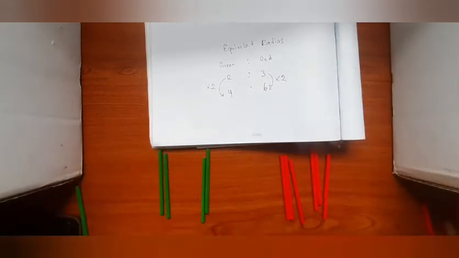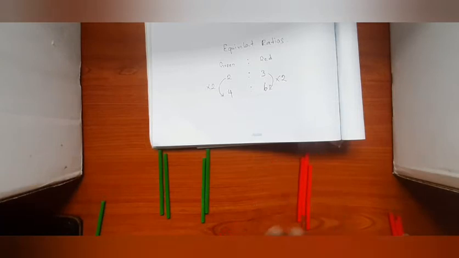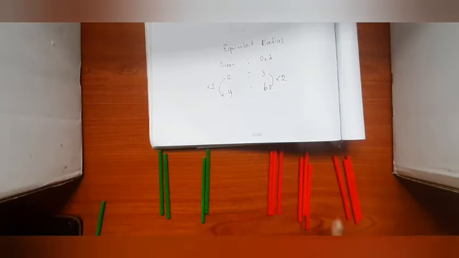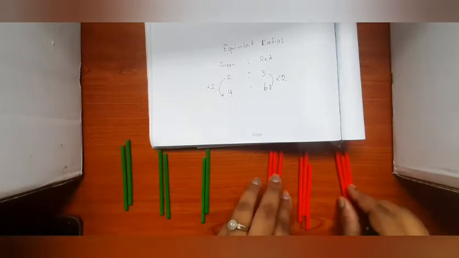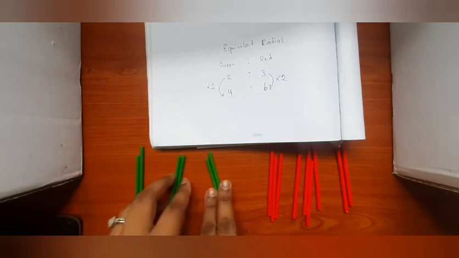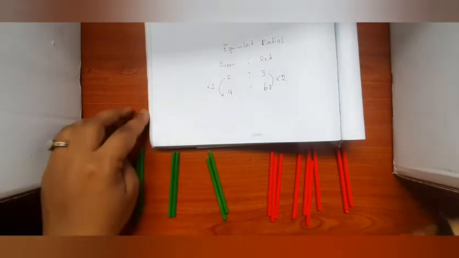To give you another example, I am keeping 3 times the previous amount. Here I have kept 3 pairs, 3 times the previous amount, and here also I have kept 3 pairs on green as well.